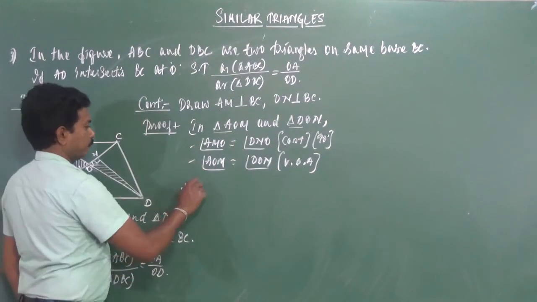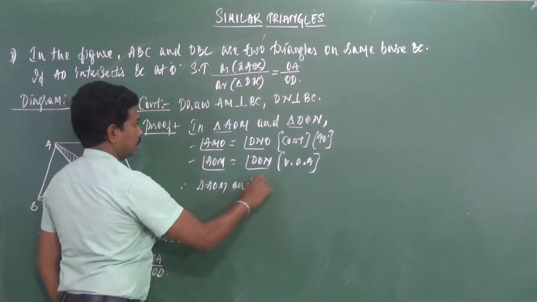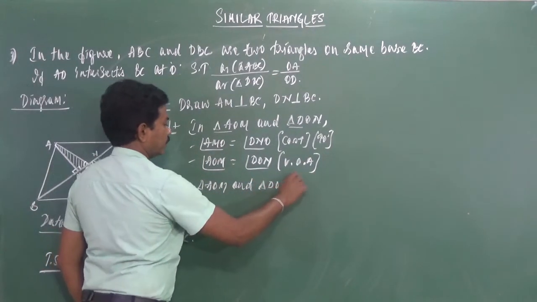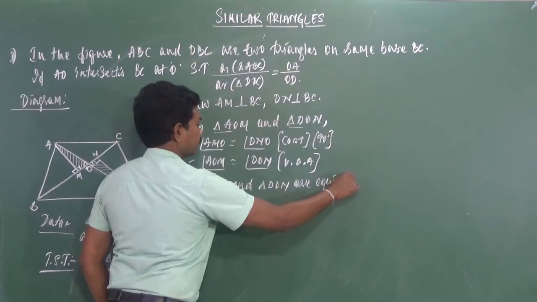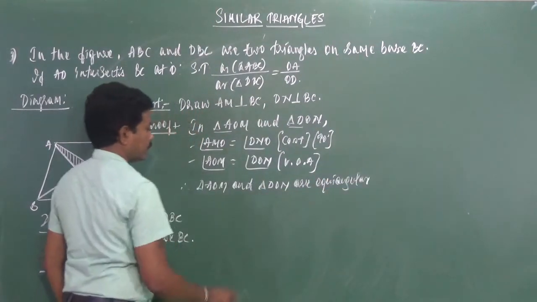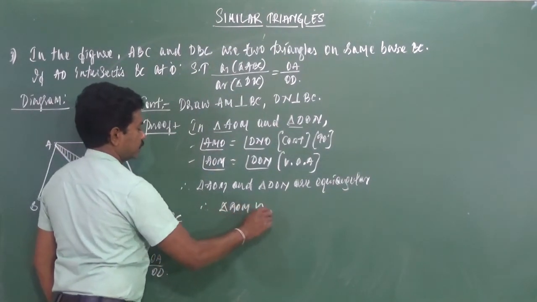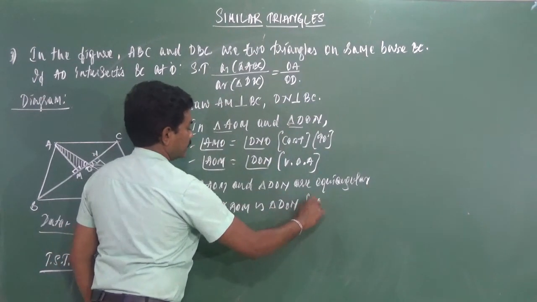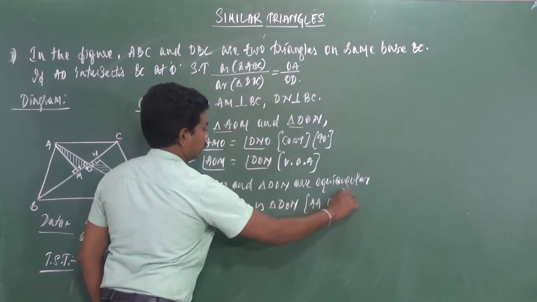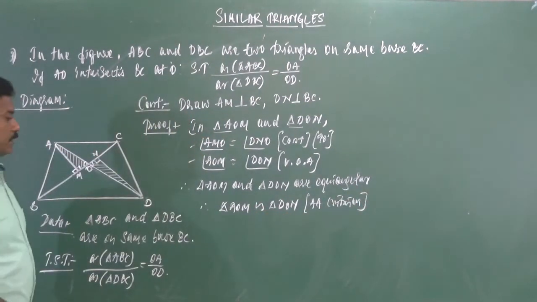So triangle AOM and triangle DON are equiangular. So triangle AOM is similar to triangle DON according to the AA criterion. Both the triangles have become similar, right?